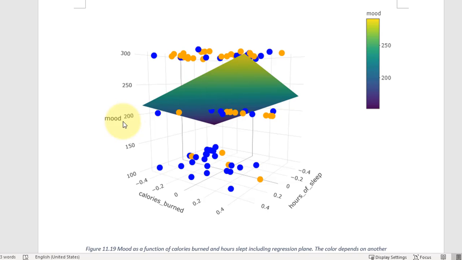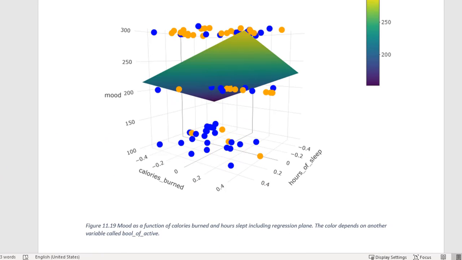And you can see there are two different colored dots here, and they stand for something else I can't remember right now. But anyway, this is people at the gym, so they do some exercise, and we also know how many hours of sleep they had, and then we have their mood.